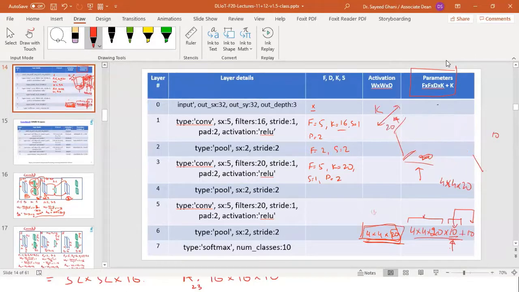If I just redraw this, what we're basically doing is taking an output which is something like this. It's 4 by 4 by 20.